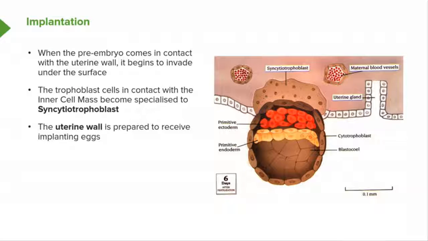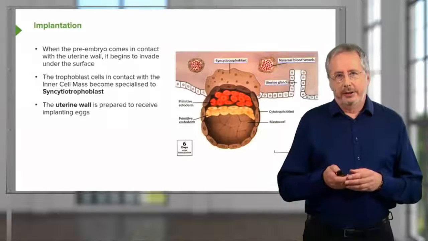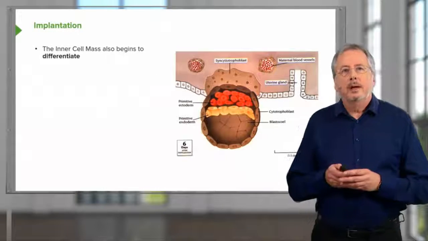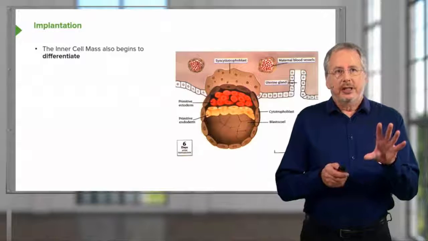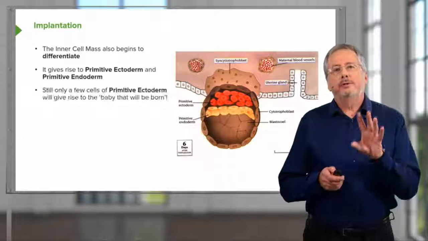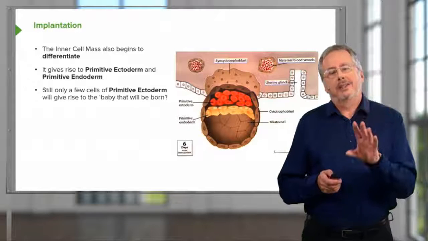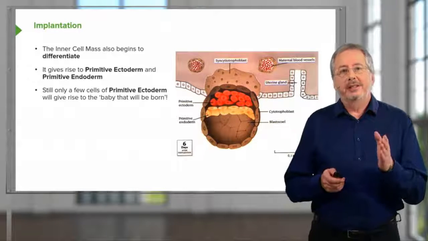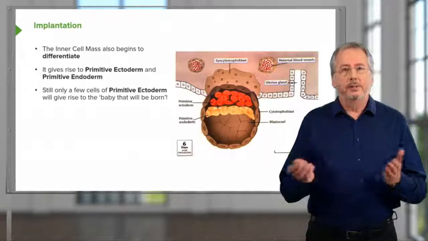So at this stage, the total overall size is still very much like the original fertilized egg. Growth will only start to take place as it begins to receive nutrients from the mother, from the uterus. And we're about 6 days after fertilization at this point. The inner cell mass, as I say, has given rise to ectoderm and endoderm, and it's only a few of the primitive ectoderm cells that are going to give rise to the baby that will eventually be born.